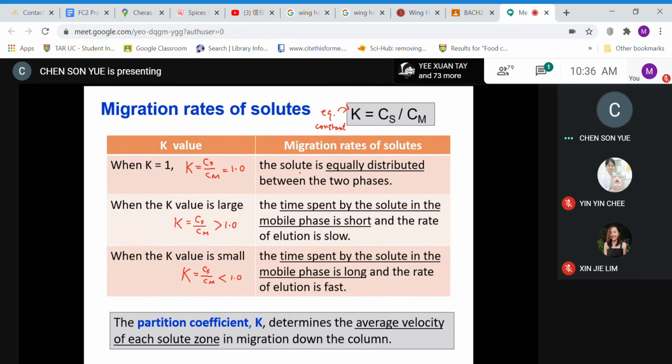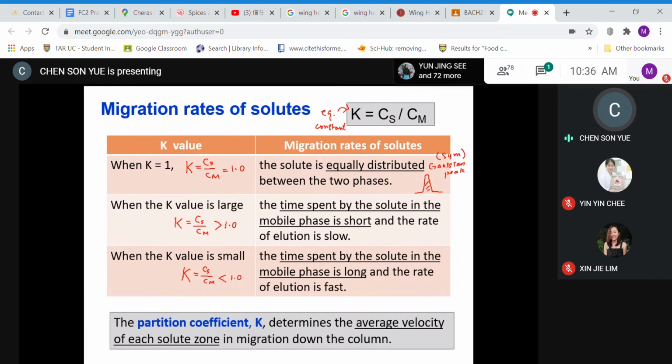Equal to 1, equally distributed, you get a Gaussian peak. Remember this is how we talk about a Gaussian peak. You get a symmetrical peak. So if K is equal to 1, you get this nice peak.